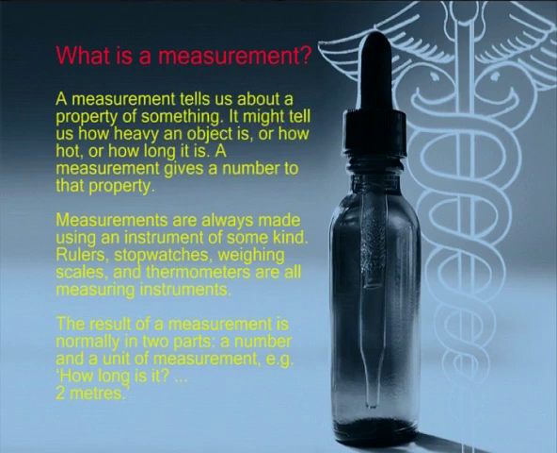Measurements are always made using an instrument of some kind, maybe a ruler, or stopwatch, weighing scales, thermometers. These are all measuring instruments. The result of a measurement is normally in two parts, a number and a unit of measurement. For example, how long is it? 2 meters.